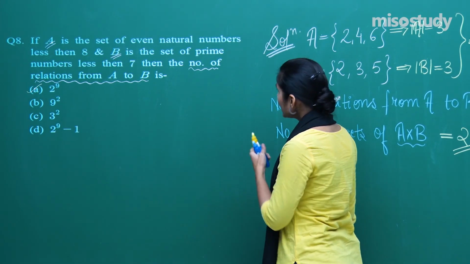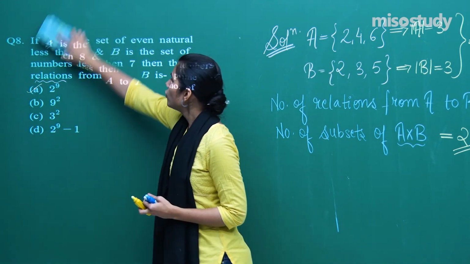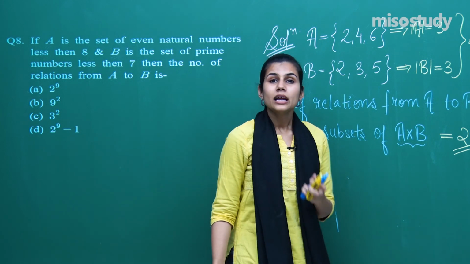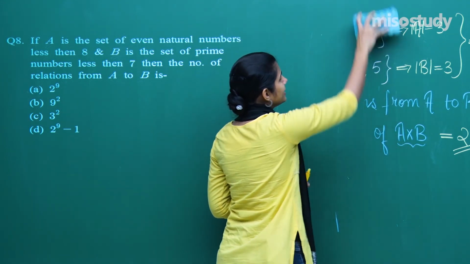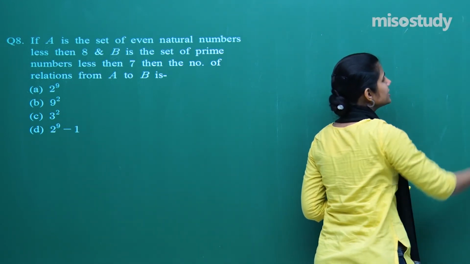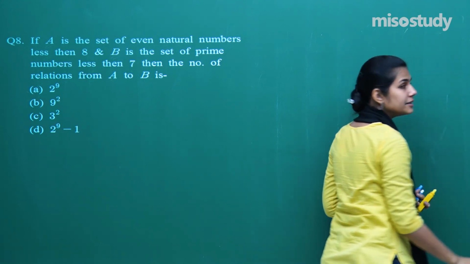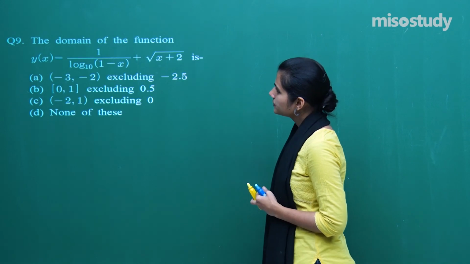That is how easily we dealt with this question, just by understanding the concept of the number of relations or number of subsets of the set A cross B. Let's see what is our next question.